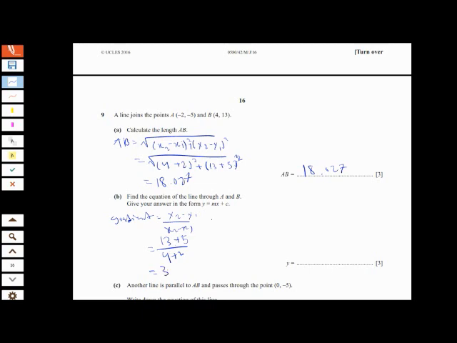Now we know that the gradient is 3. All you have to do is this: y minus y1 equals m, which is the gradient, times x minus x1, is the formula. So y minus y1, let's pick the 13 and 4, y minus 13, m is 3, x minus 4. Simplify that. It will be y equals 3x plus 1.